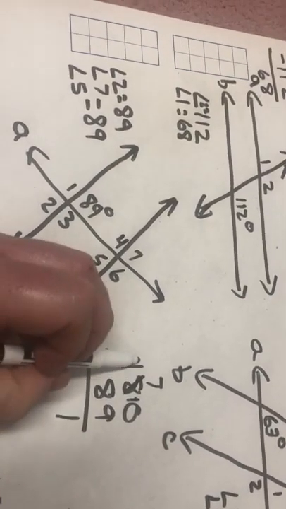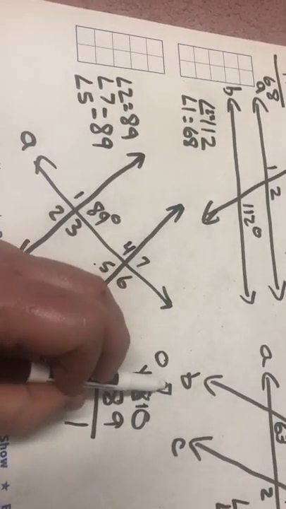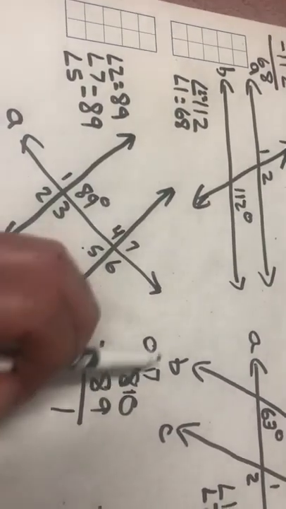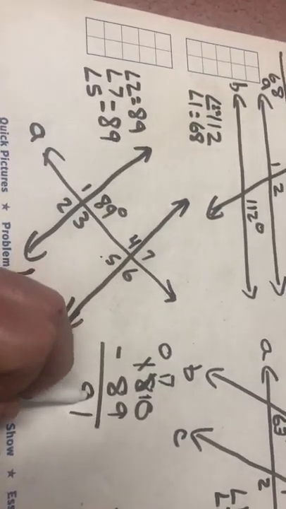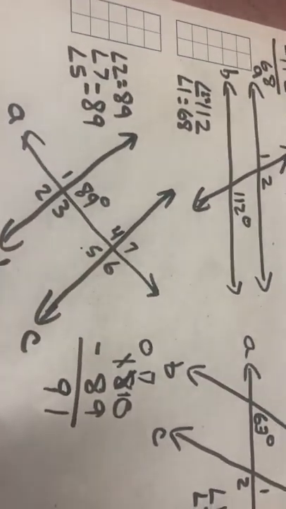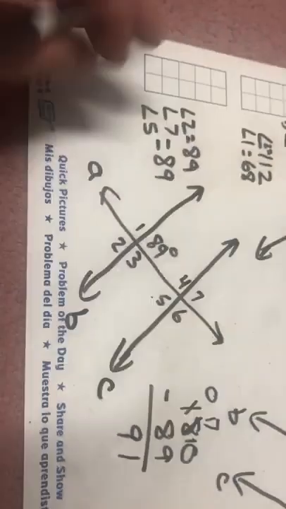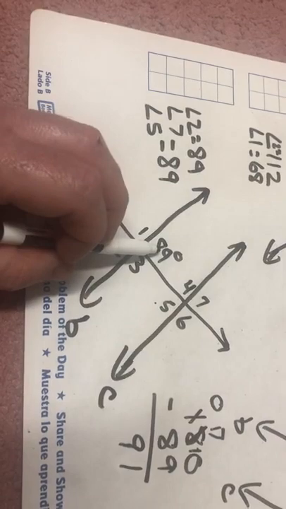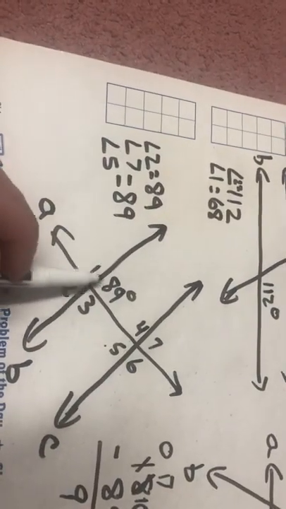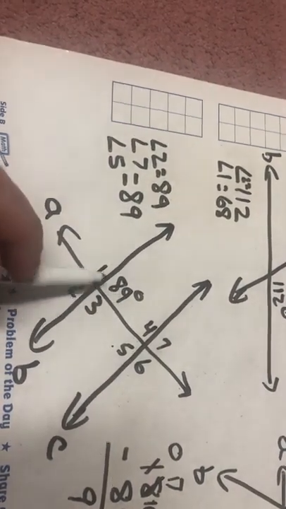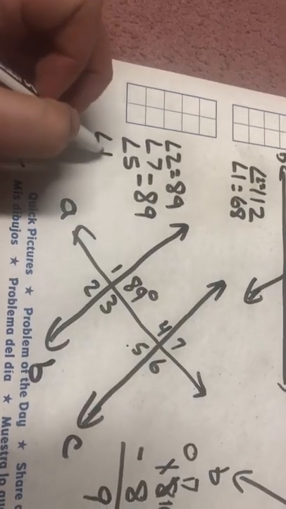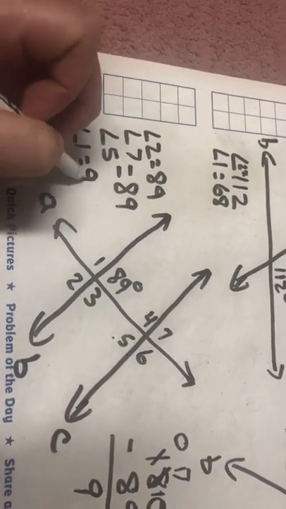I can't do 7 minus 8. I borrow from the 1, make it a 0, make my 7 a 17. 17 minus 8 is 9. I get 91 degrees. I see that 89, the angle next to it, adjacent to it, to make that a straight angle, angle 1 must be 91 degrees.